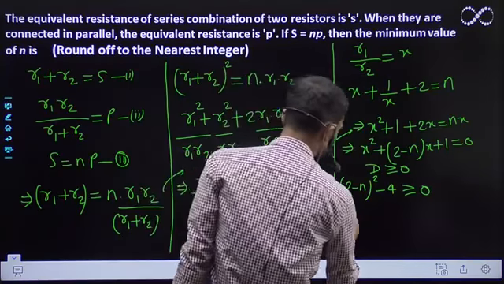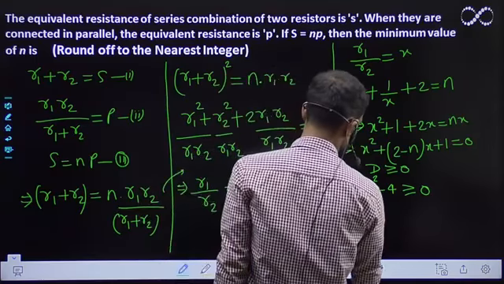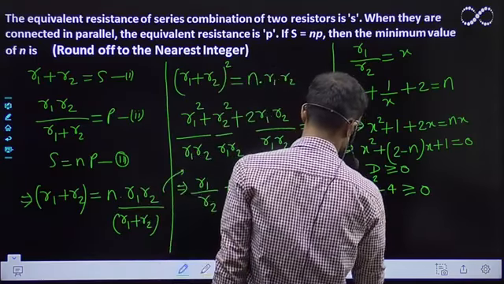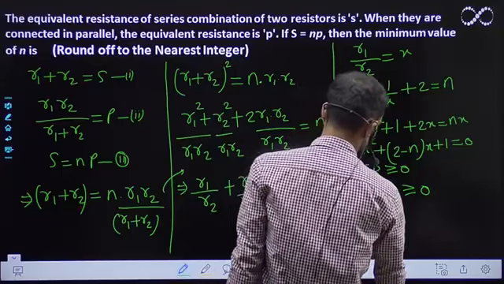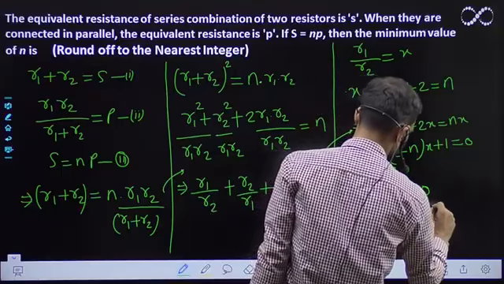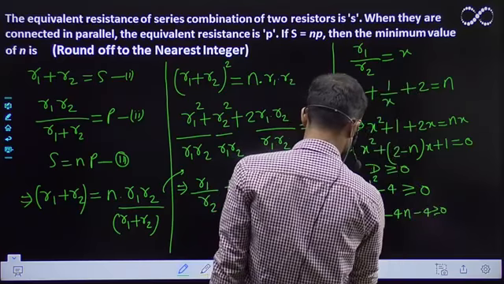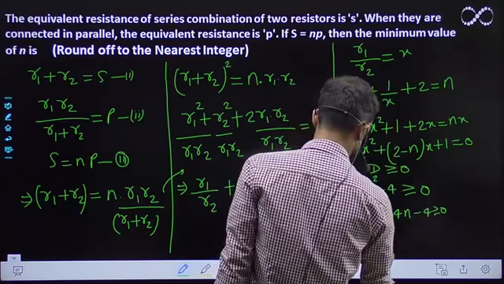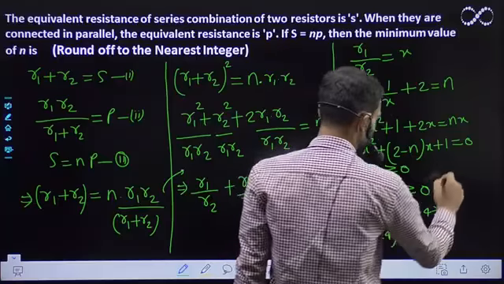Now if you'll expand this, so we'll get 4 plus N square minus 4N, minus 4 greater than equal to 0. So this is coming N into (N minus 4) greater than equal to 0. Okay.